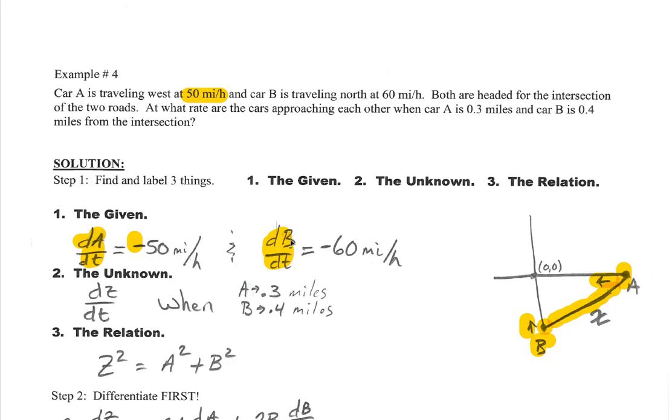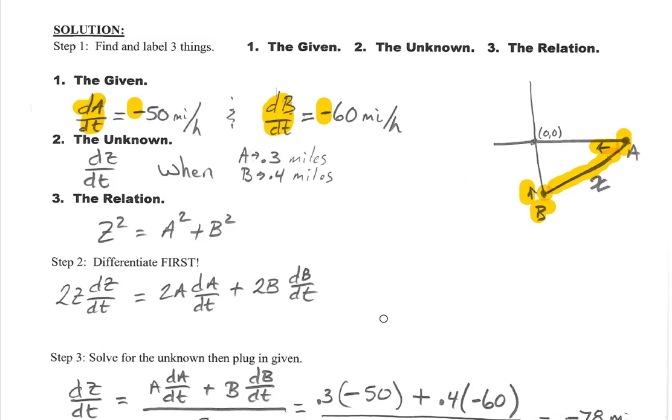So the derivative of B with respect to time is negative 60 miles an hour because B is traveling towards the origin in this negative direction at 60 miles an hour. The unknown is then dz/dt, the rate of change of the distance between the two, when car A is 0.3 miles away from the origin and car B is 0.4 miles away from the origin.